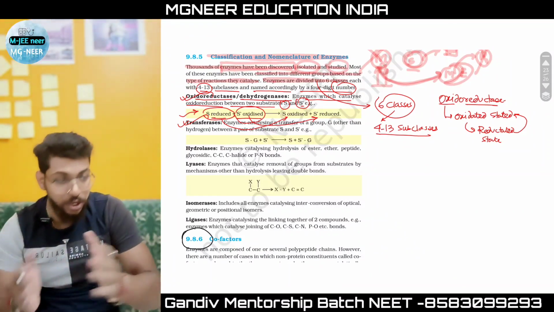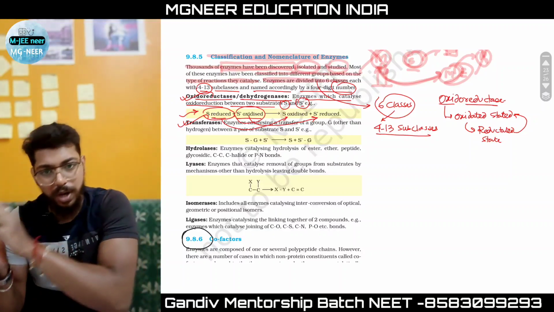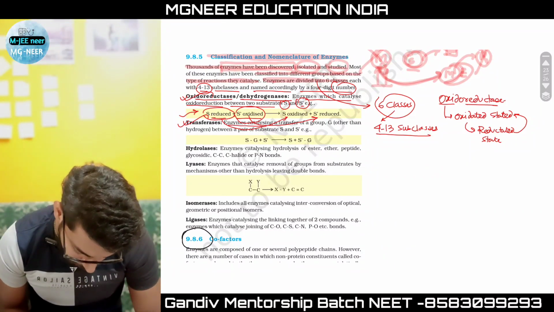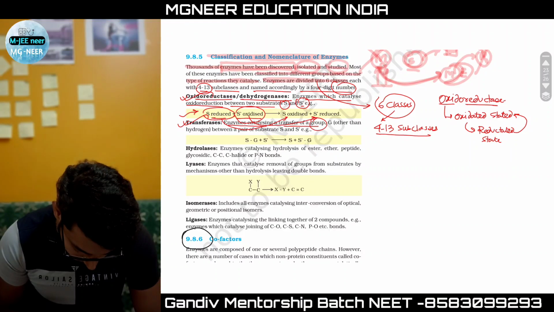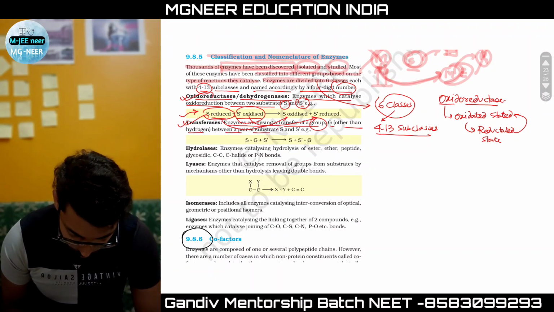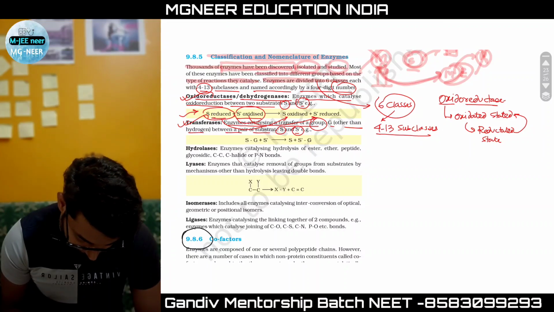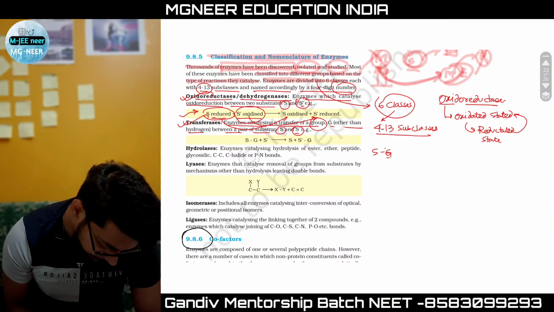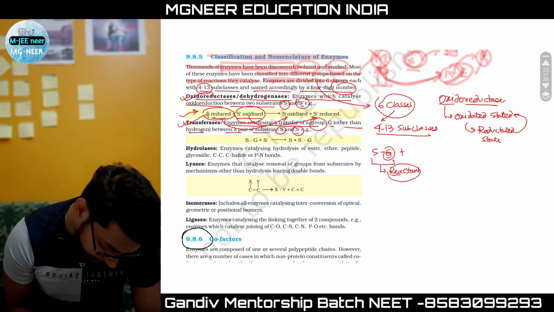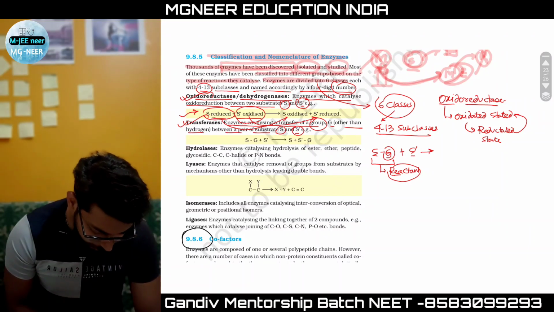Transferase is going to transfer a group from a reactant to the product. Enzymes catalyzing a transfer of a group G other than hydrogen between a pair of substrates S and S dash. See here, S with a group is a reactant participating in the reaction, and there is another reactant named S dash.